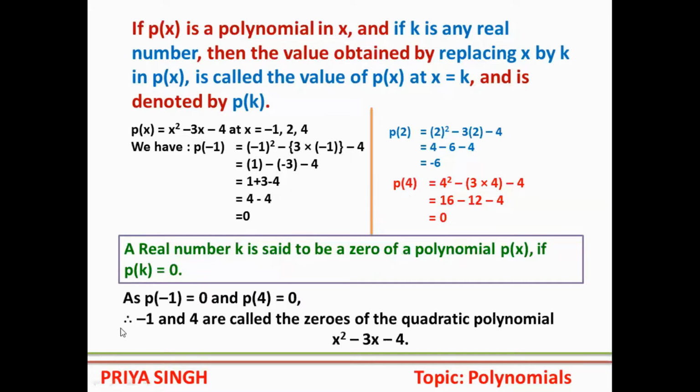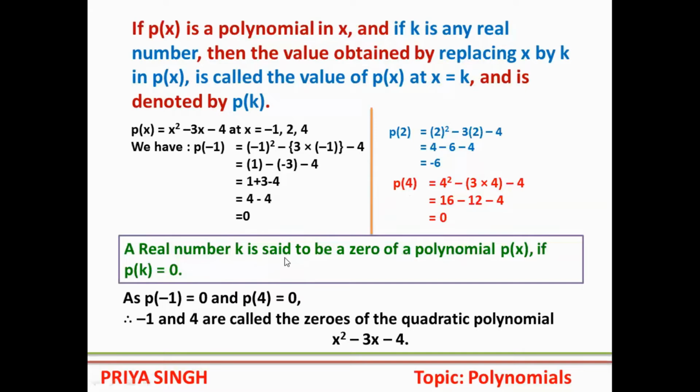As I've written, p of minus 1 is equal to 0 and p of 4 is equal to 0. Therefore, minus 1 and 4 are the zeros of the quadratic polynomial x square minus 3x minus 4, and this is the concept of zeros of a polynomial.